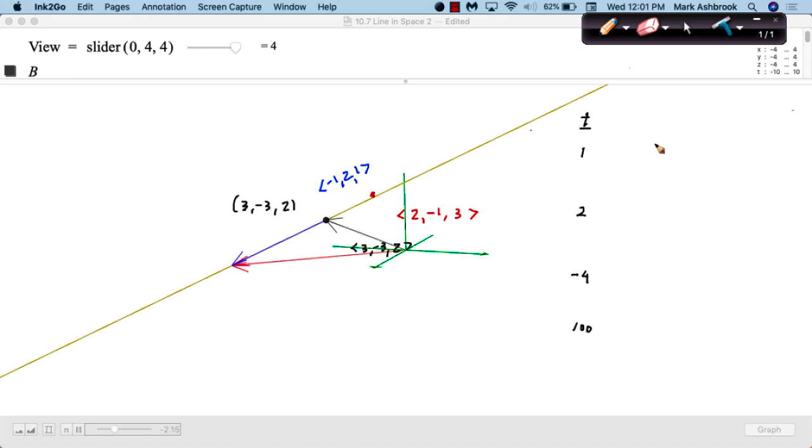Okay, and so then when t is 1, we start with the point 3, -3, 2.